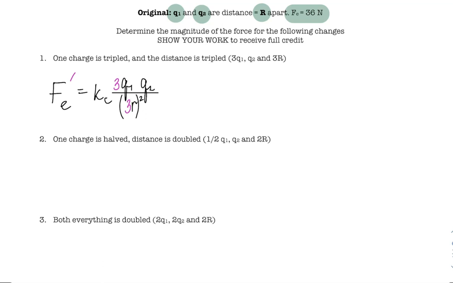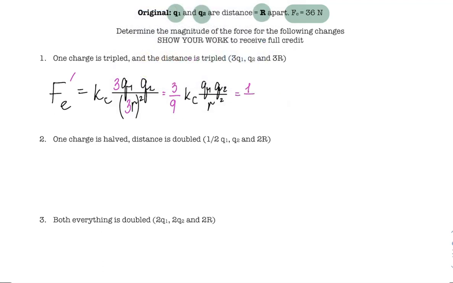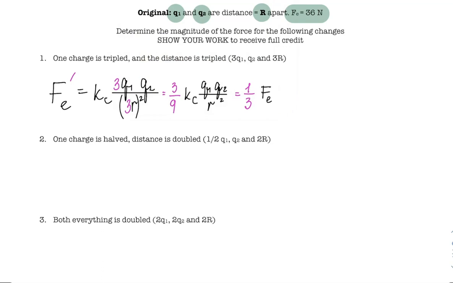Then everything else is the same. I'm just going to look at my pink numbers. I have 3 over 9. And everything else is in black, the original Kc Q1 Q2 over r squared, which tells me that it's 1/3. 3 over 9 is 1/3 of the original Fe.